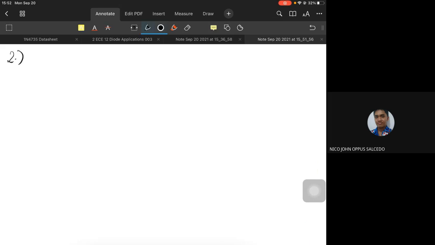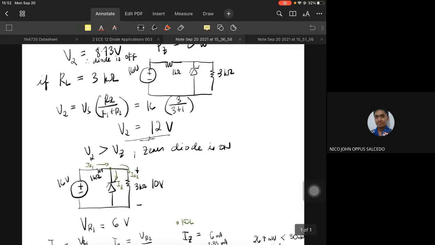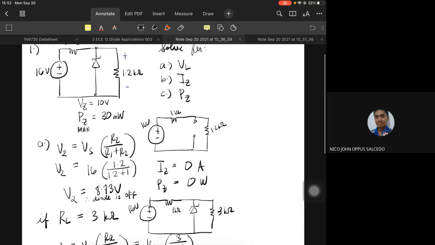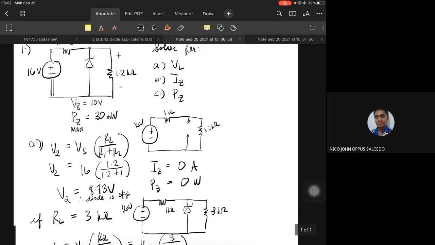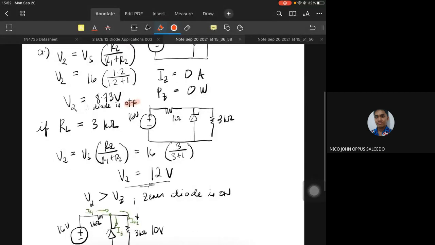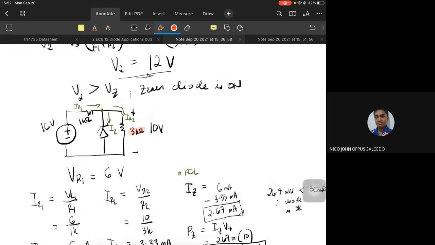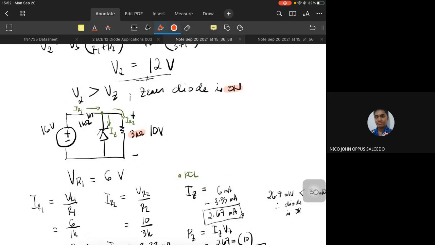Notice earlier, in example number 1, that at a 1.2 kilo ohm load, the diode is off. Right? But at 3 kilo ohms, the diode is on.